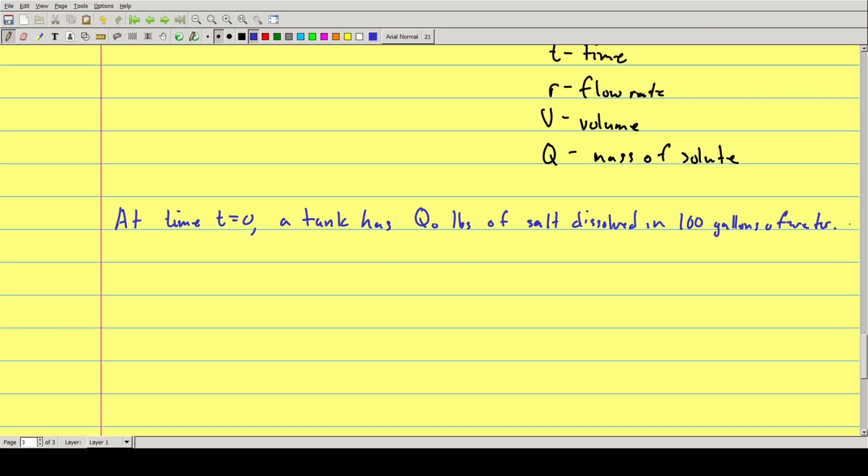Okay, so we have Q sub 0 pounds of salt dissolved in 100 gallons of water.